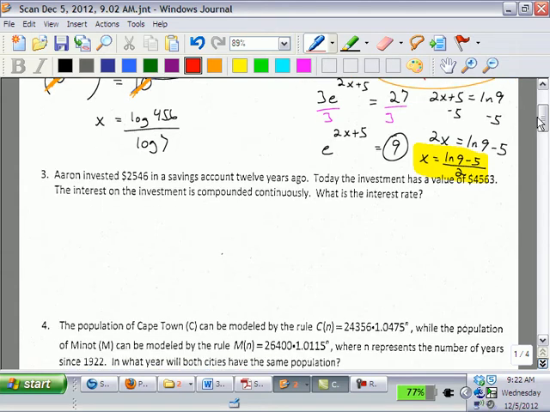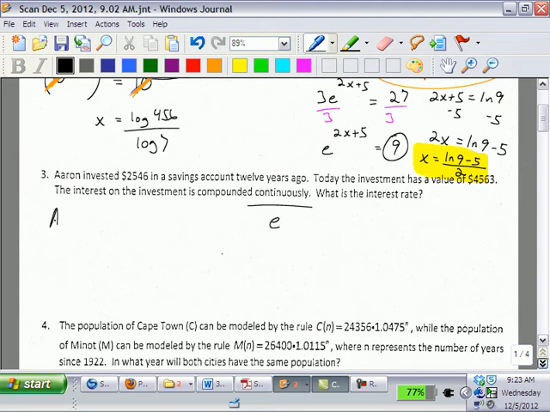Okay, so 3, Aaron invested $2,546 in a savings account 12 years ago. Today the investment has a value of $4,563. It was compounded continuously, which means I'm going to deal with e.